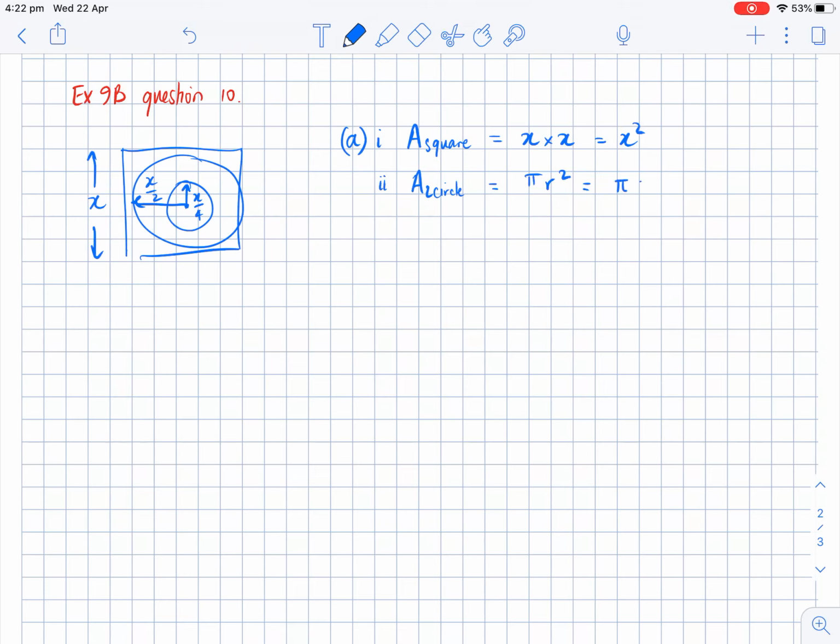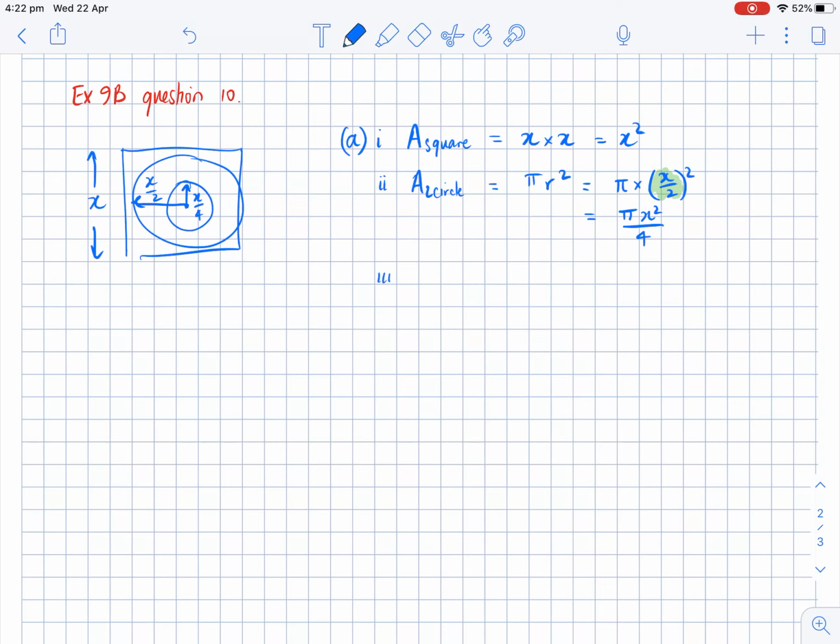So in this case it's pi times x over 2 squared, which is the same as pi times x squared all divided by 4, because I've got to square both the top and the bottom in this expression here.